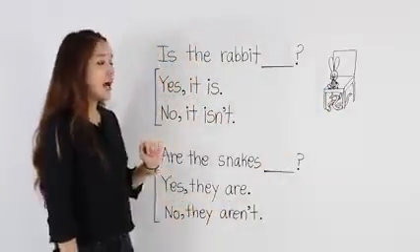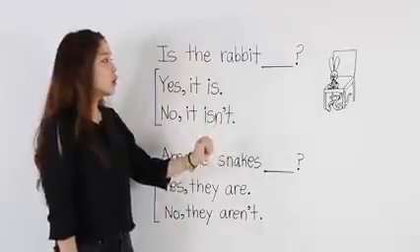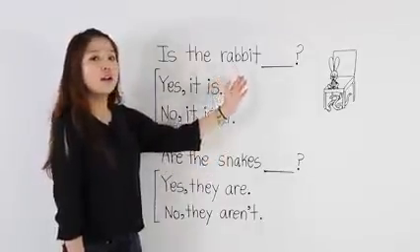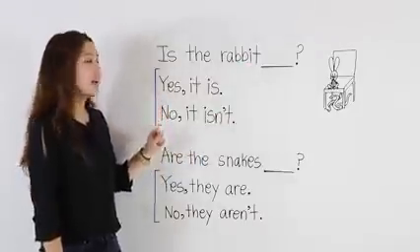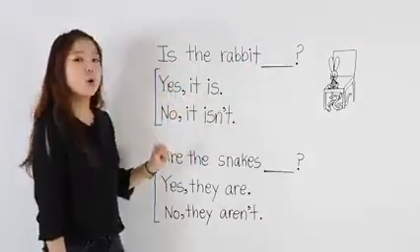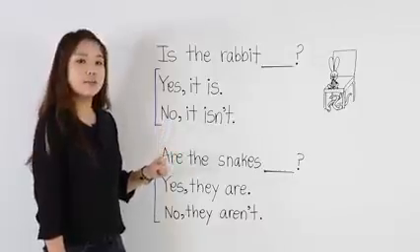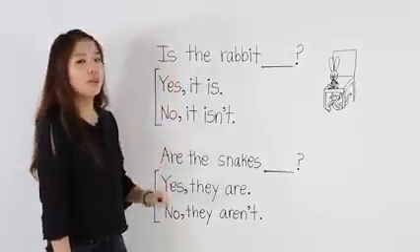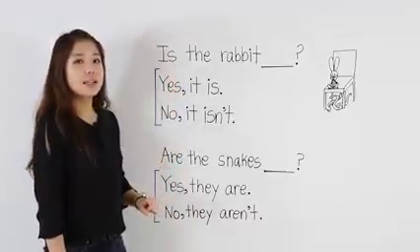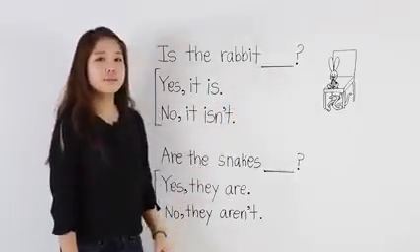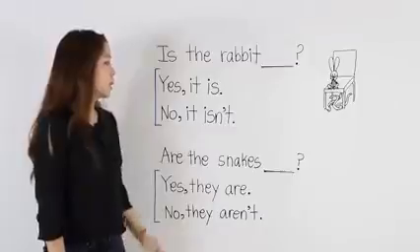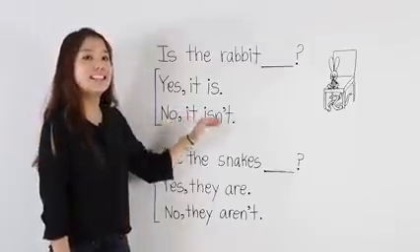Okay, so I will ask a question using in, on, or under. I want you to think, is the answer yes, it is, or no, it isn't? Okay, let's start with the rabbit. Is the rabbit under the chair? No, it isn't.